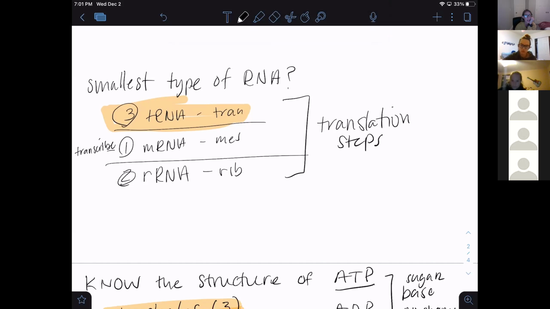Another thing that you need to think about is, what is an alpha helix? It's a secondary structure for proteins. Okay, what's unique about it?